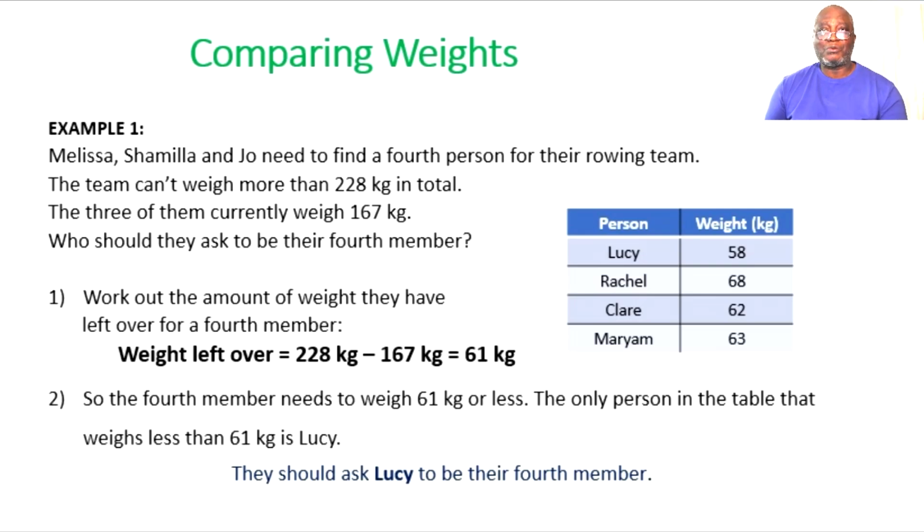That is the maximum weight they can add to their total weight. So the fourth member needs to weigh 61 kilograms or less. Who among those four ladies is 61 kilograms or less? Of course, it's Lucy.